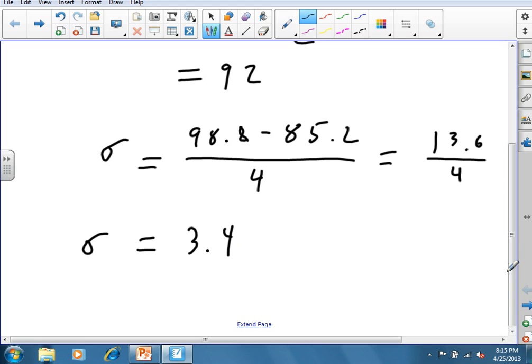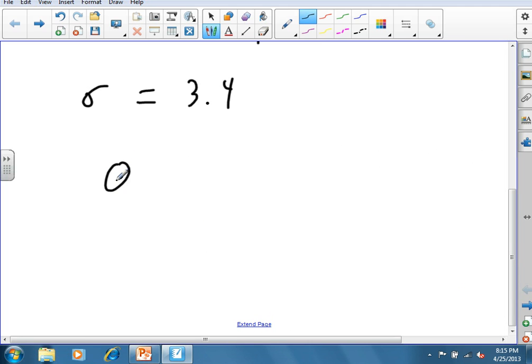Find the first quartile and the third quartile. Okay, how am I going to find the first quartile? Oh, right. The first quartile is the mean minus 0.675 of the standard deviation.